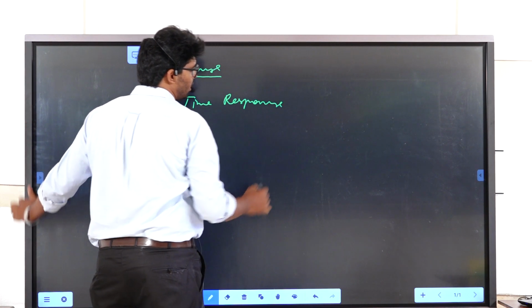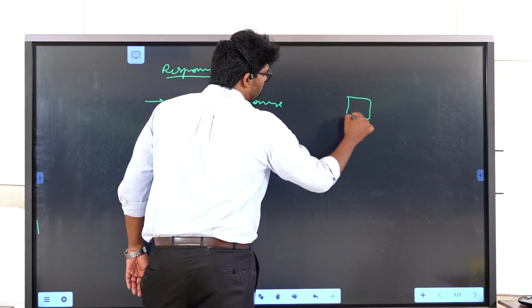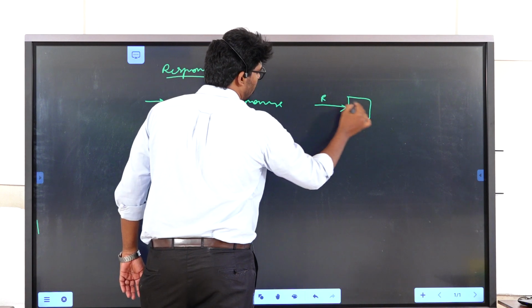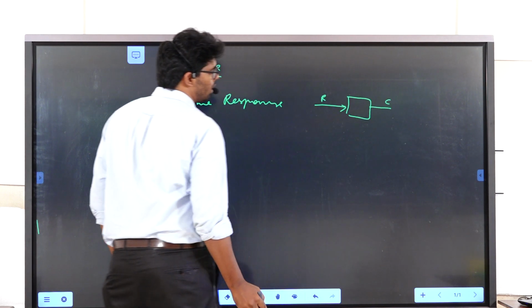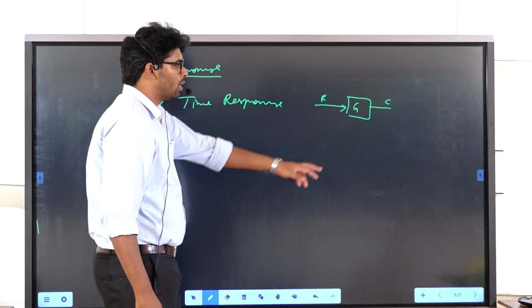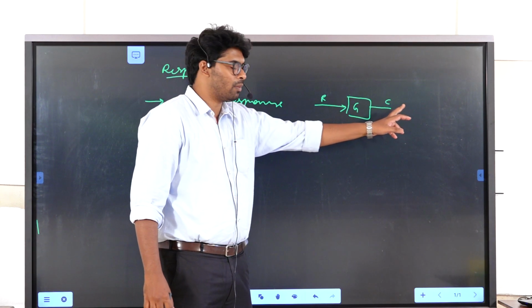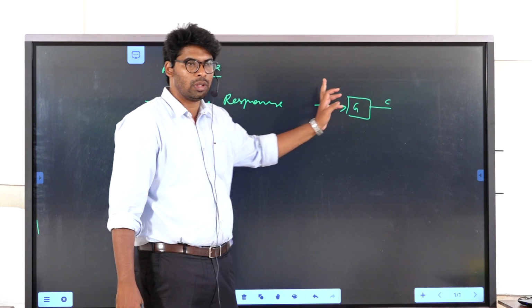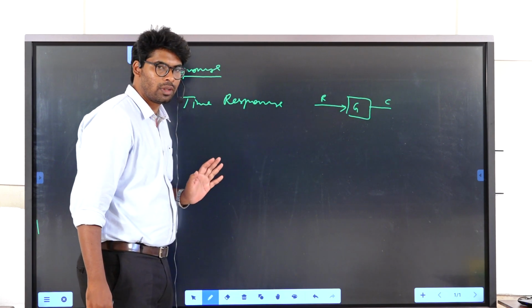Time response means for any system, if you give the input R and we want to see the response C, the response C is a time response which depends on the input for a prescribed time, right?